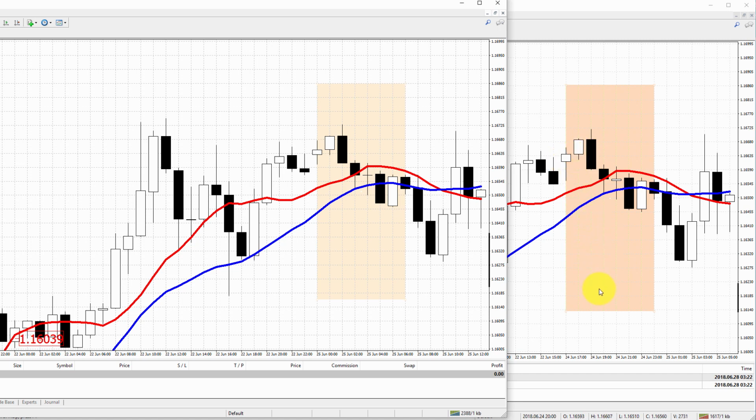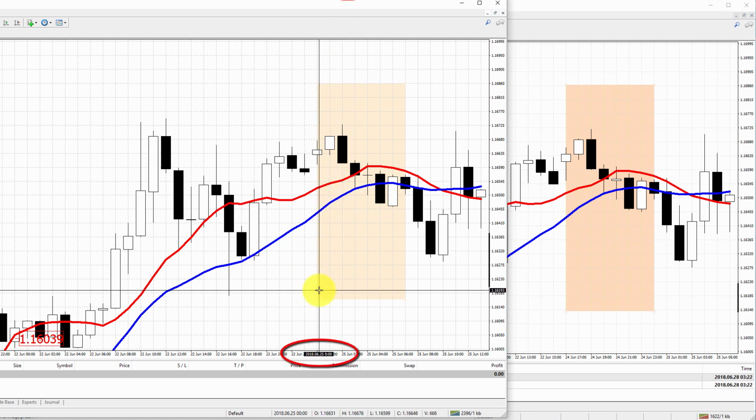So we can see we have the same price bars on FX Open. They didn't disappear or anything like that. They're still there. But they happened not on Sunday, they happened on Monday already.